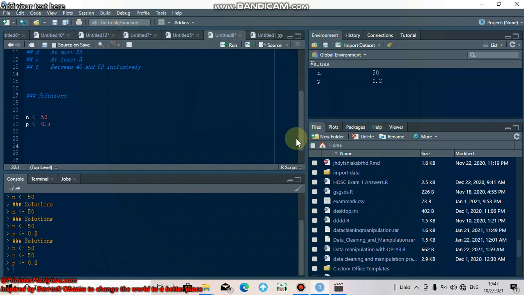So to compute this, we may use our pbinom function, with 9, like this. We run it first.